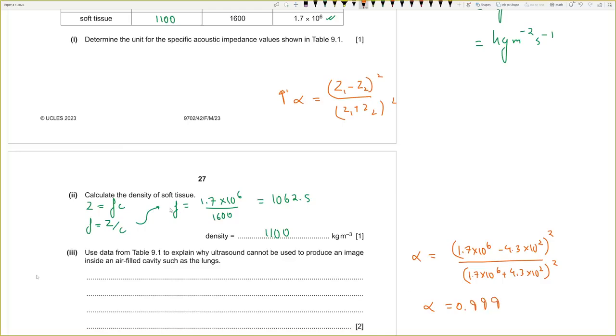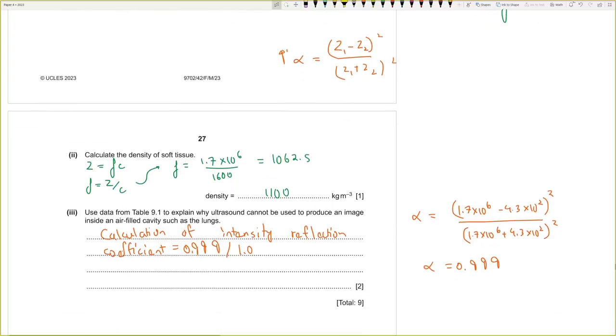Okay, so you could show this and you could say that the calculation of intensity reflection coefficient is equal to 0.999 or essentially 1.0. So what does that mean?